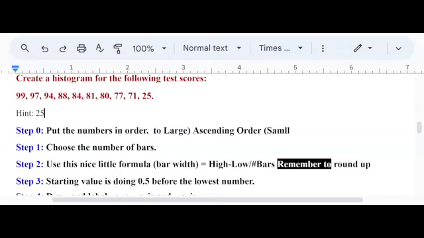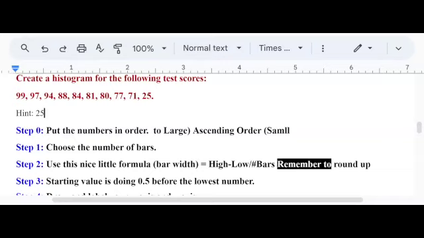Cross it out. The next one is 71, then 77, then 80, then 81, then 84, 88, 88, then 94, 97, 99.